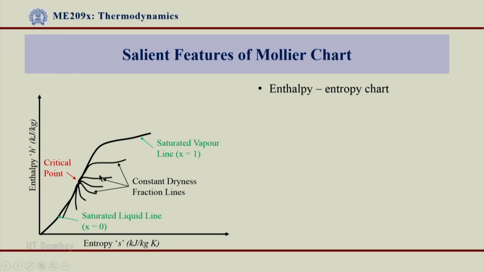The enclosed region between these two would be the wet region, or a two phase mixture, vapor plus liquid together, and on this side will be the single phase region. So, this is my wet steam, wherein x is less than 1, and above it is what I call superheated steam, where in this region we will have superheated steam, all right.